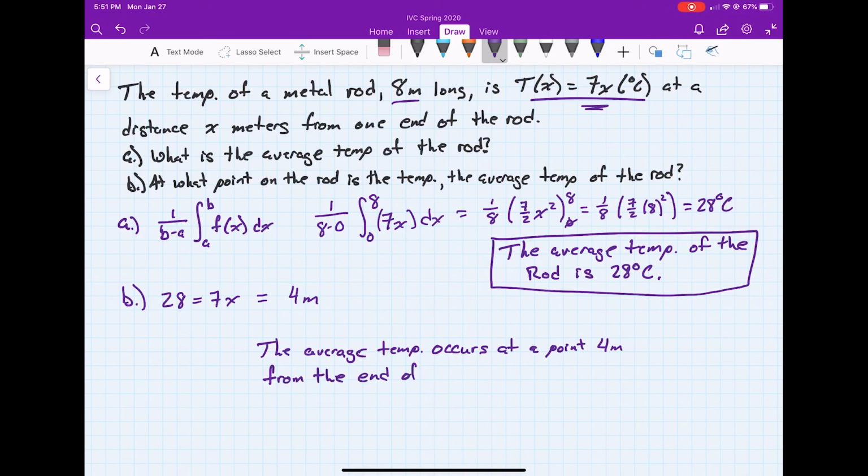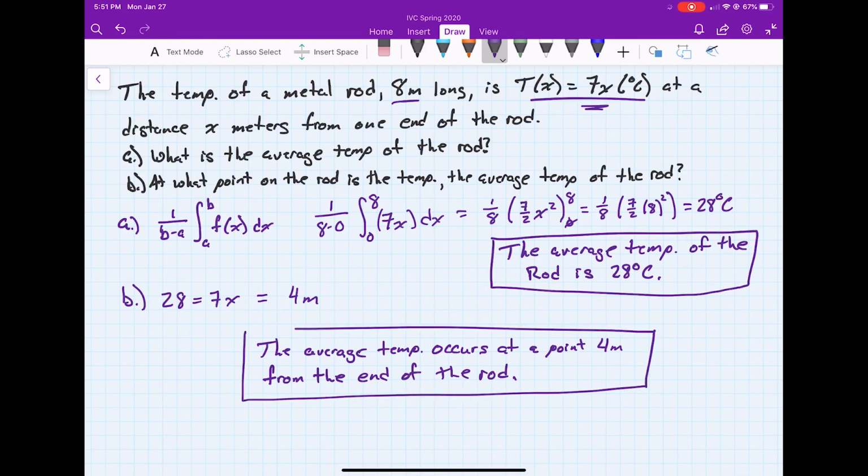So again, that just makes sense, right? The average of 2 points would be the middle of those spaces. So anyway, there's the answer to that one.